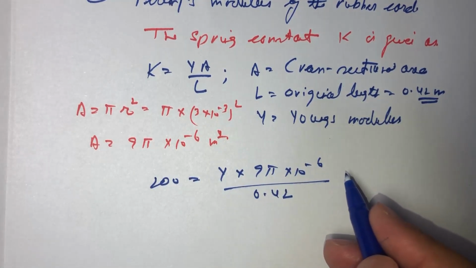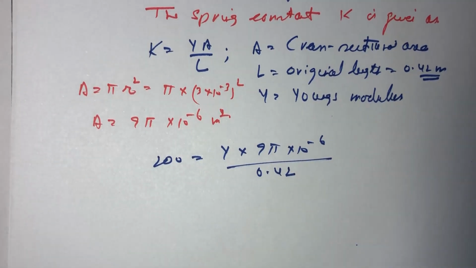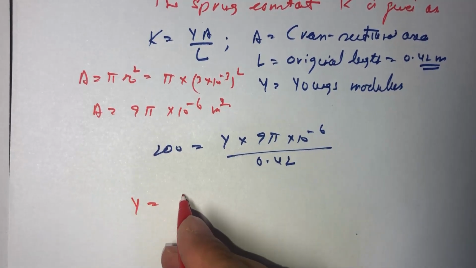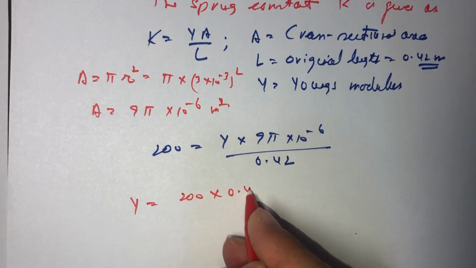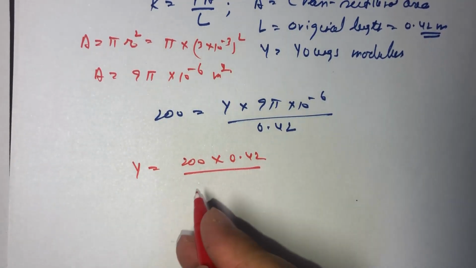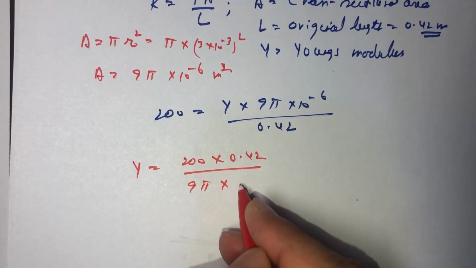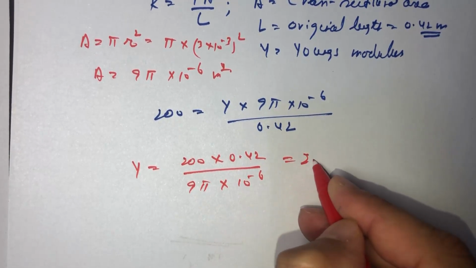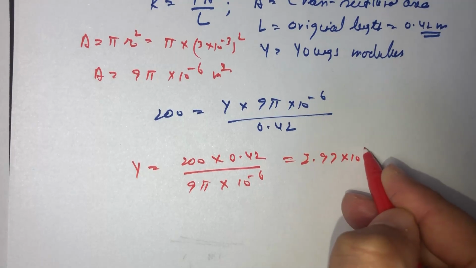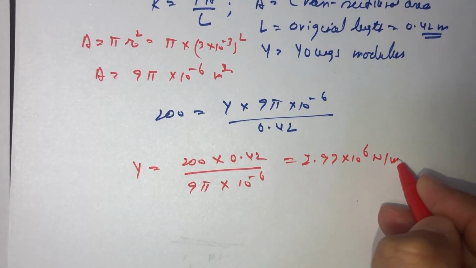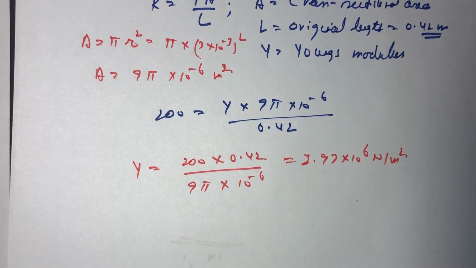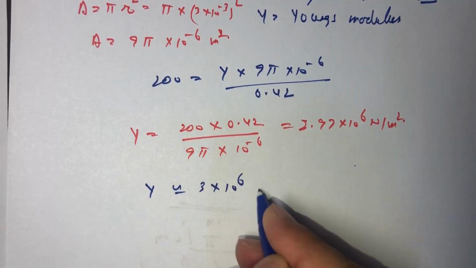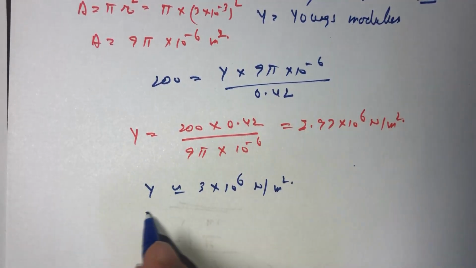So Y is equal to 200 multiplied by 0.42 divided by 9 pi into 10 to the power minus 6. This gives us 2.97 into 10 to the power 6 Newton per meter square, and we can write that Y is approximately equal to 3 into 10 to the power 6 Newton per meter square.